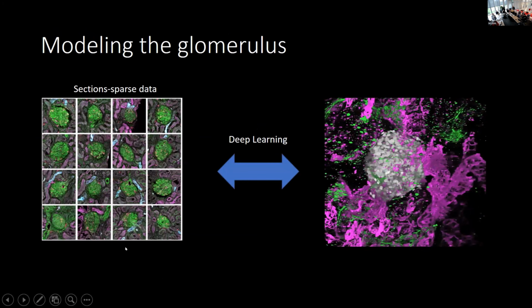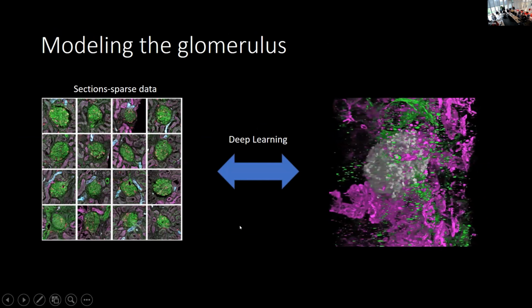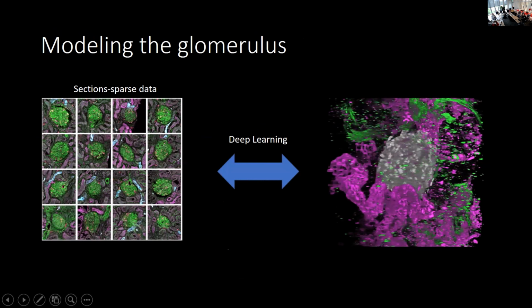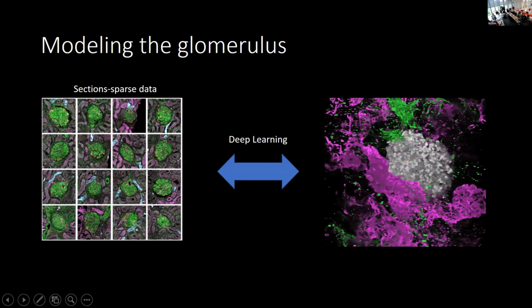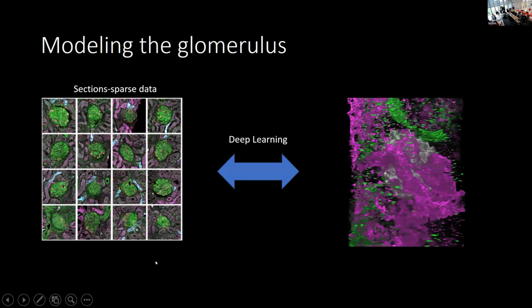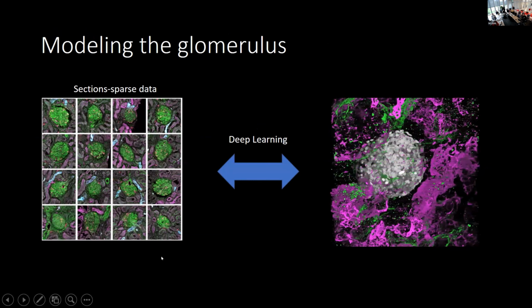So this is the approach, and we're in the nascent stages. I've started this project in the lab where we are taking data from the KPMP project, the sparse 50 micron section 3D data, combining that with reference 3D volumes that we've collected after clearing the tissue, as Simon Watkins just mentioned.